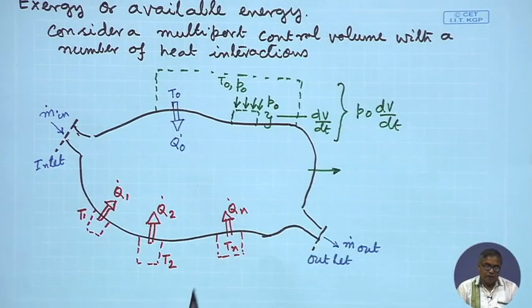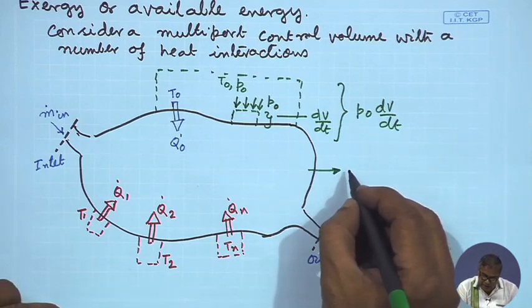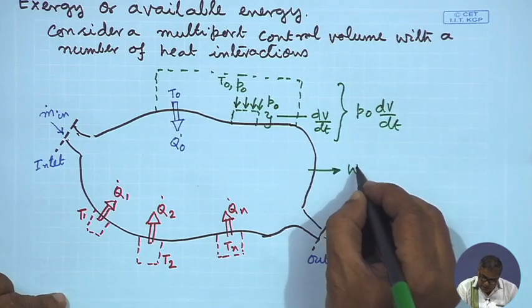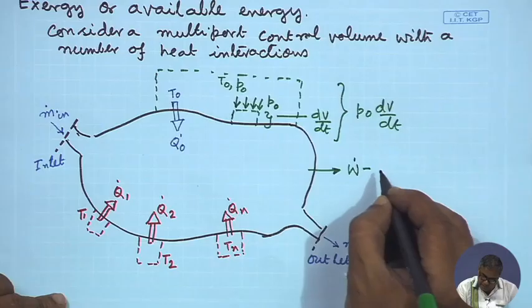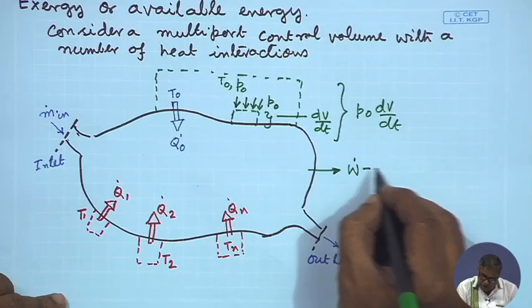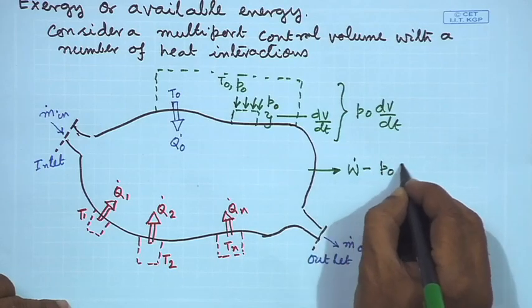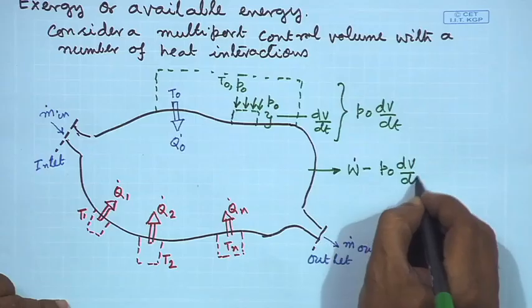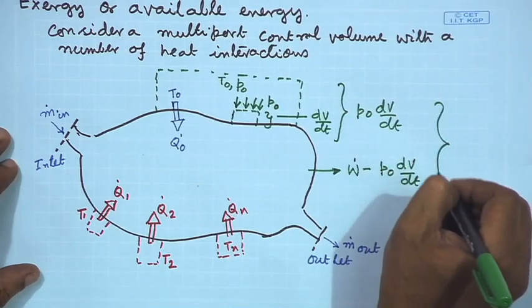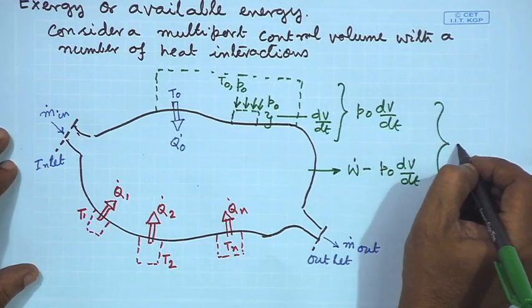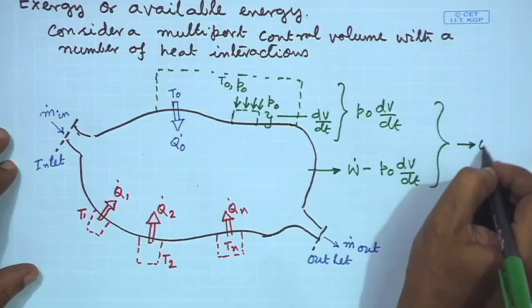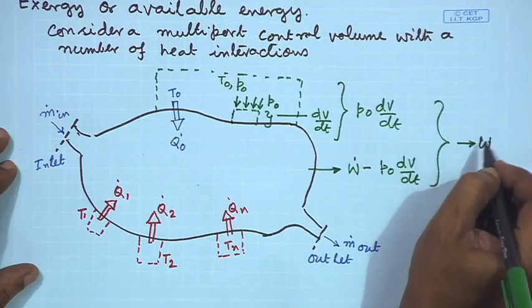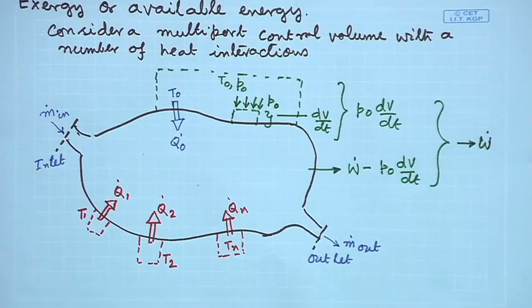So, the work done is W dot minus P 0 dV dt. So, the total work which I will get from the control volume is capital W dot.